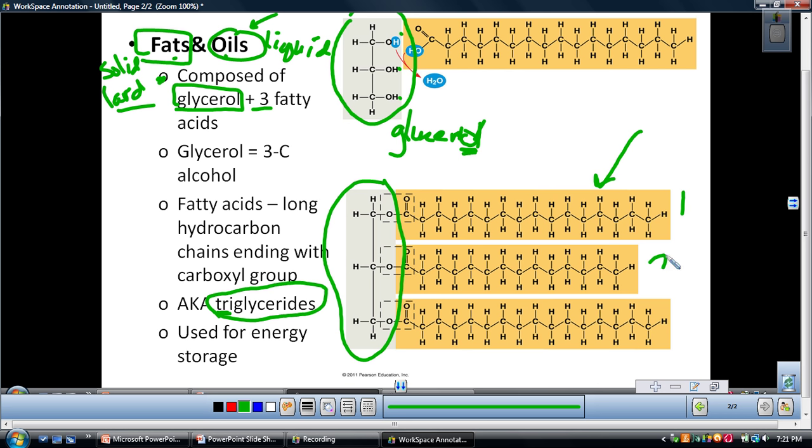So 1, 2, 3 fatty acid tails, and if you examine those, a fatty acid tail is a long hydrocarbon chain, because it's got carbon as my backbone with all hydrogens around the outside. So that's known as a fatty acid tail. So a triglyceride has 3 of those. The one that is up here is not a triglyceride. It just has 1 fatty acid tail.